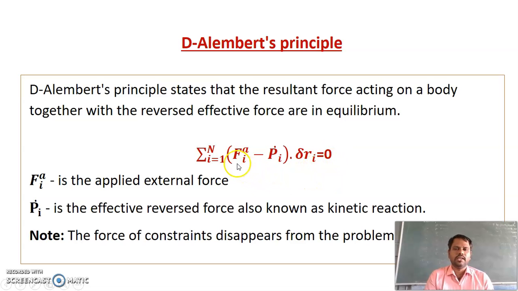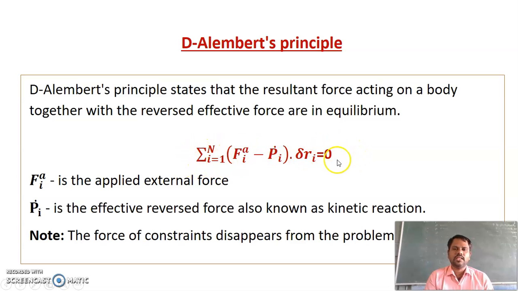You have seen that the applied external force minus the reversed effective force, the total force, is 0. So summation i is equal to 1 to n, Fia minus Pi dot into delta Ri is equal to 0.